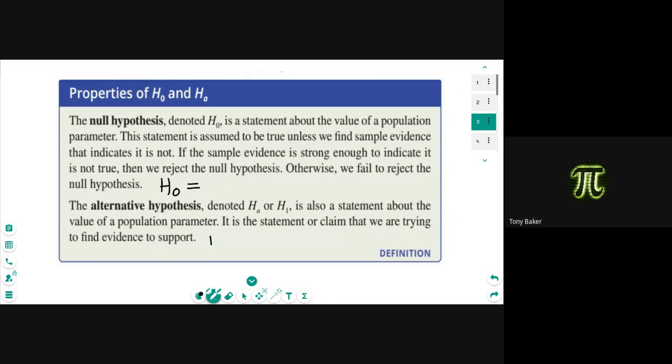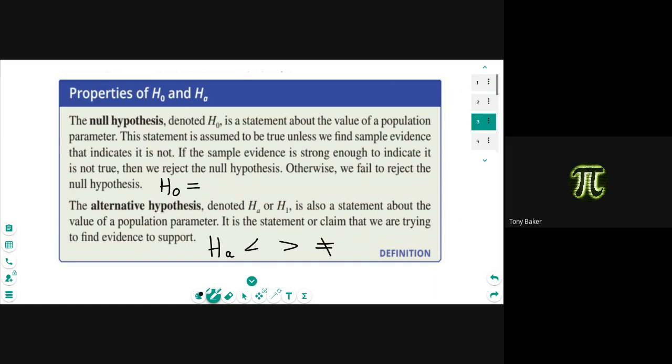Your alternate hypothesis is H with the little a. This is looking at the directions that we have. So this one's either going to be less than, greater than, or not equal to, and that depends on the direction we're looking at.